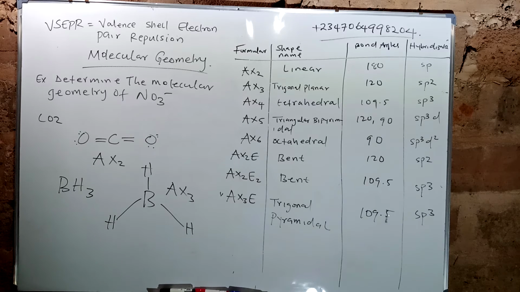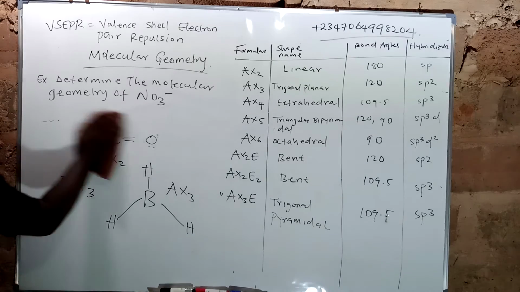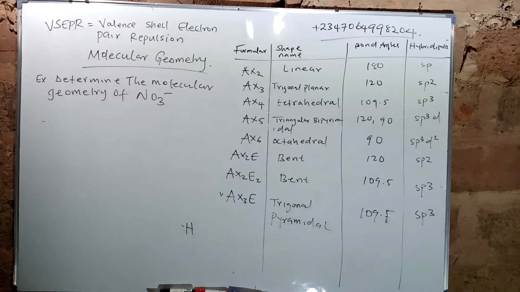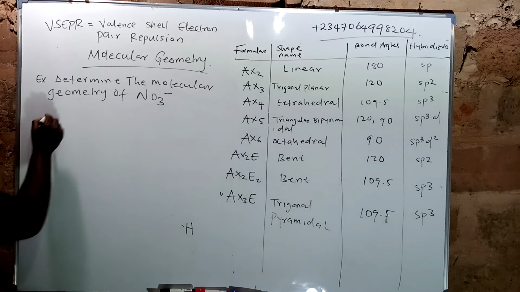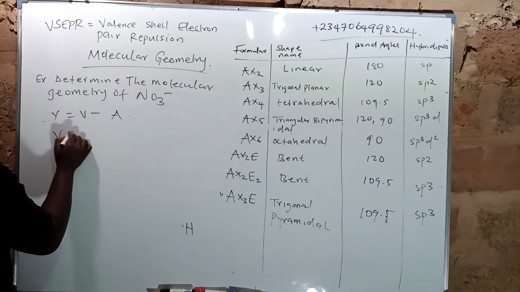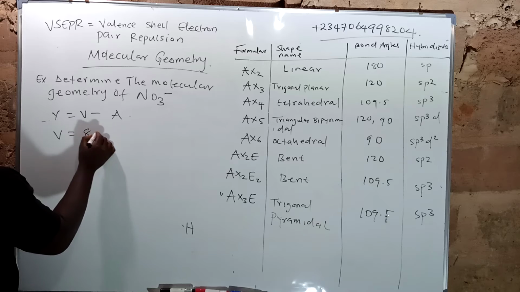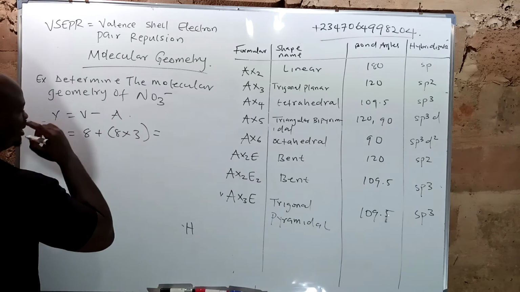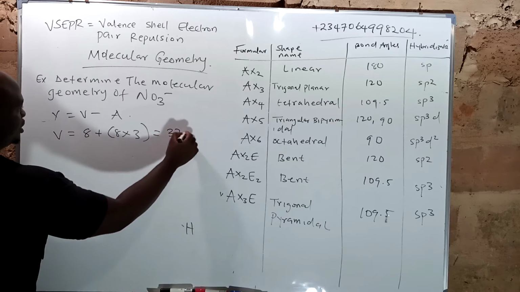Now there's something that I still wrote on the board. I'm not forgetting it. I want to solve this Lewis structure. They said determine the molecular geometry of NO3 minus. Remember that S equals V minus A. Your V is 8 plus 8 times 3, and this will give you 32 electrons.